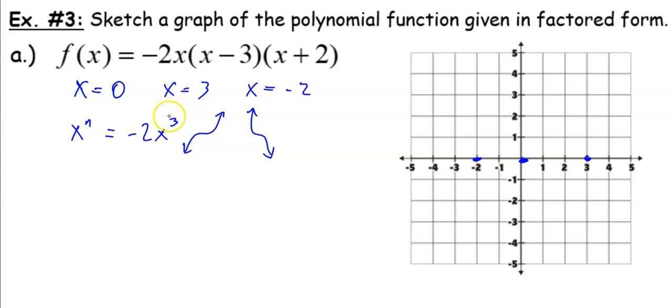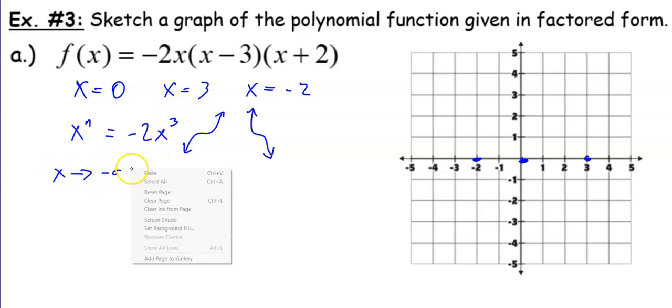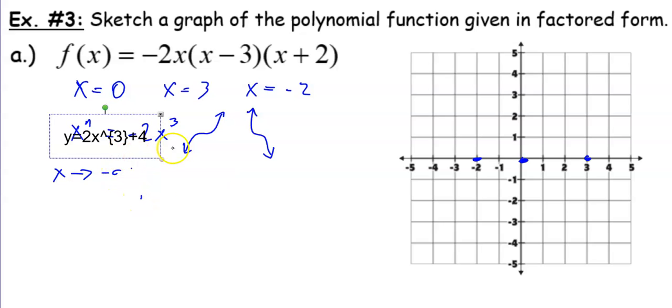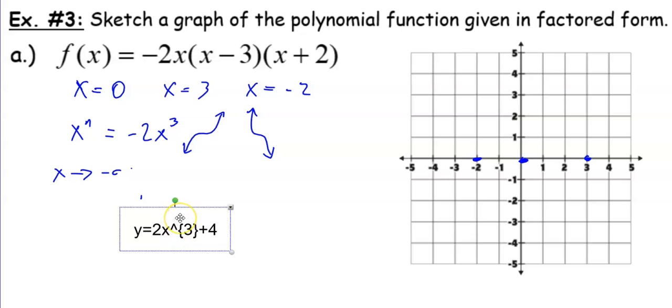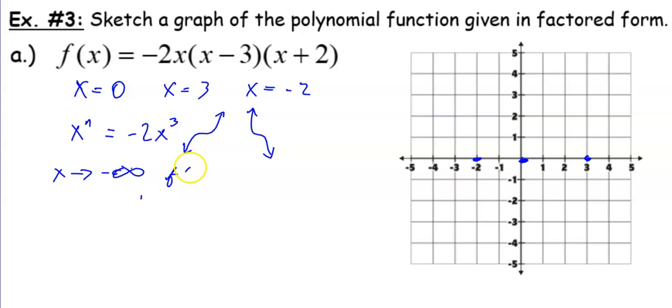We can also figure it out by saying, as x approaches -infinity, we take a negative, cube it, negative, times a negative. We know f of x or y will approach +infinity.